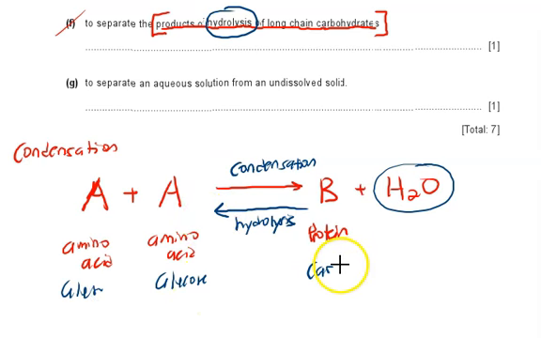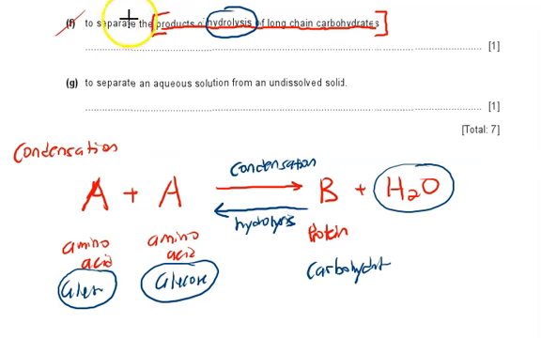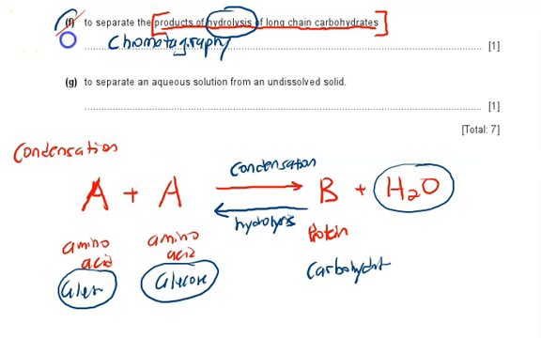So what is the product of hydrolysis? It is the glucose. To separate the glucose and amino acids here, the most suitable process will be chromatography. Please don't get confused with this one.